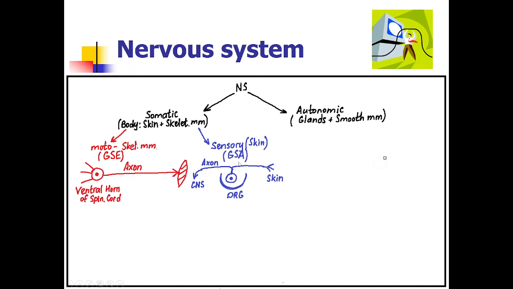Now, that is my sensory part. I will start the dendrite from receptors of the skin. I will run the impulse through the pseudounipolar sensory neuron in the dorsal root ganglion, and then I will continue to run this impulse through the central nervous system. That's my GSA, general somatoafferent.